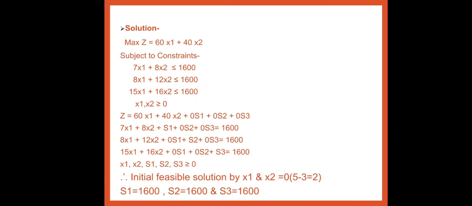Then the second constraint, 8x1 plus 12x2 less than or equal to 1600. Then the third one is 15x1 plus 16x2 less than or equal to 1600. There are two variables, first x1 and second x2, so x1, x2 greater than or equal to 0. Now we have formulated the linear programming problem. With the help of this problem we are going to solve using the simplex method.